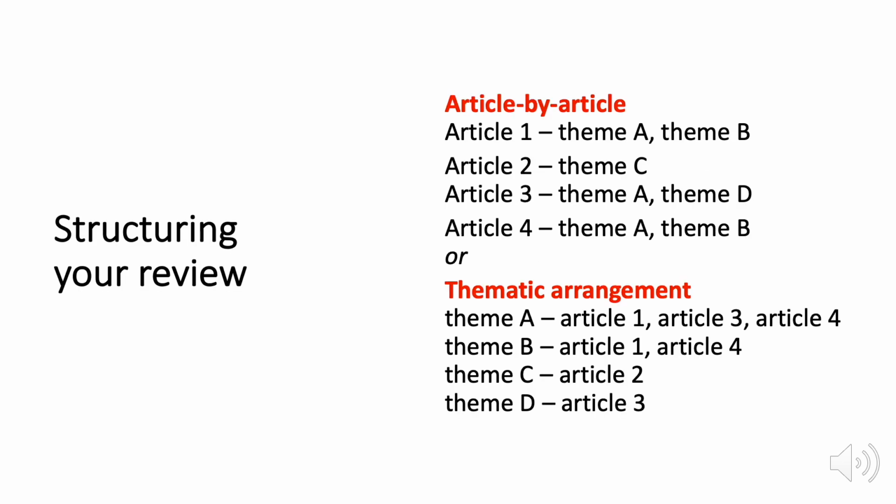Once you have identified and narrowed down the topic and critically reviewed the literature, now you need to know how to structure your review. You can do it in 2 different ways, either by organizing it according to the articles or according to the themes, as you can see on the screen.